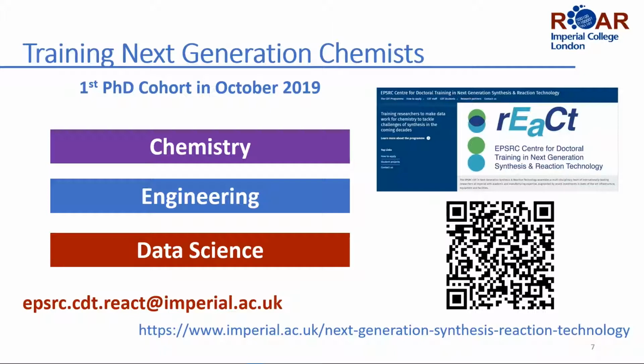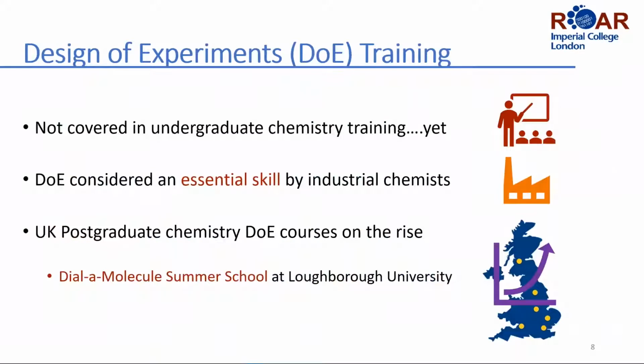And so why are we so keen on teaching these students about design of experiments? Well, at the moment, it's not covered in undergraduate chemistry training. You know, the students that are coming into our courses, they don't know about DoE yet at the graduate level. But DoE is an essential skill.